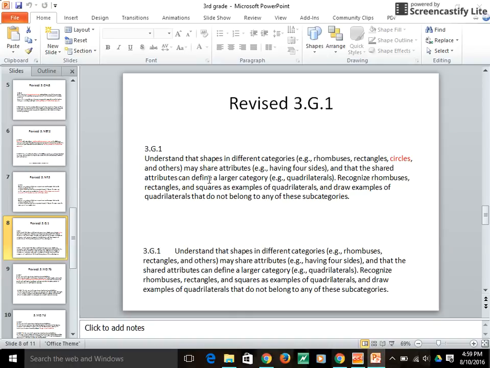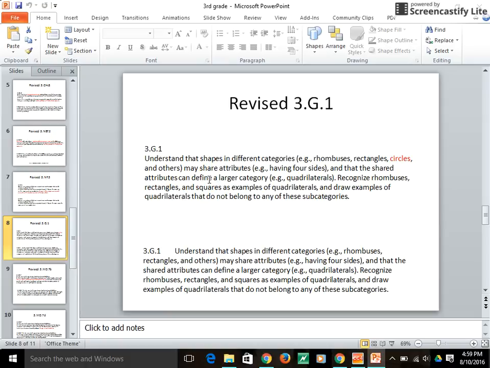3G1, this is one of our geometry standards where we categorize shapes and talk about their different attributes. Here we may have used circles before, we may have not, because it just mentioned other shapes. But circles, they wanted it specifically mentioned because if we just say others, there is the potential for circles to be left off.